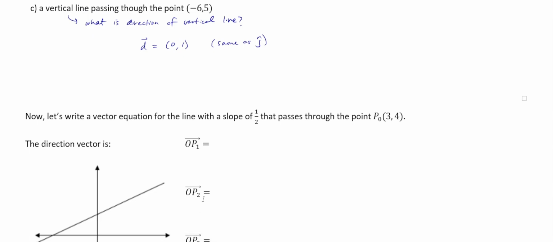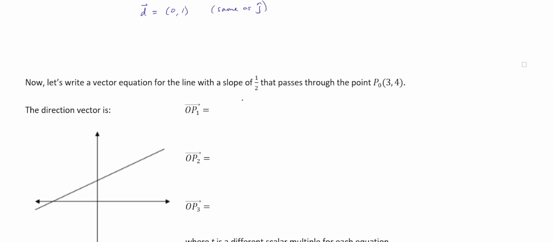Now, let's write a vector equation for the line with a slope 1/2 that passes through point P naught 3, 4. If I have slope 1/2, I have to recall that this is my rise, and this is my run.